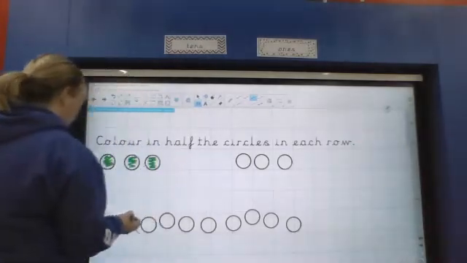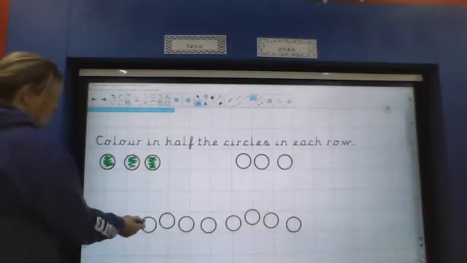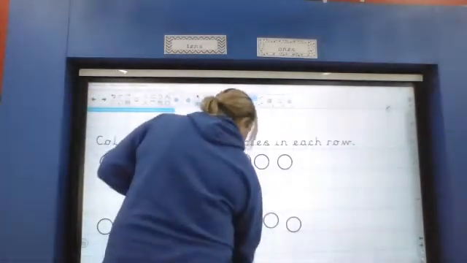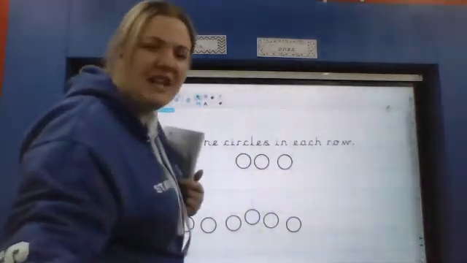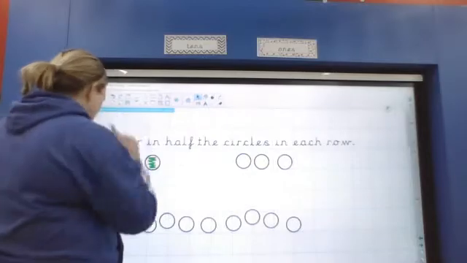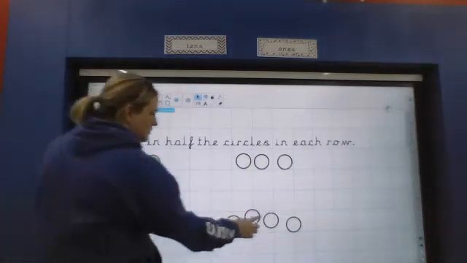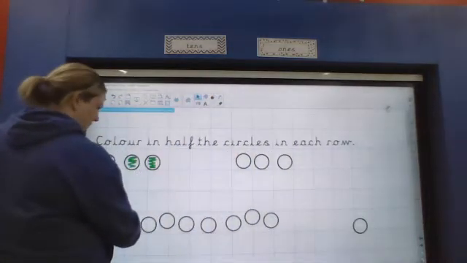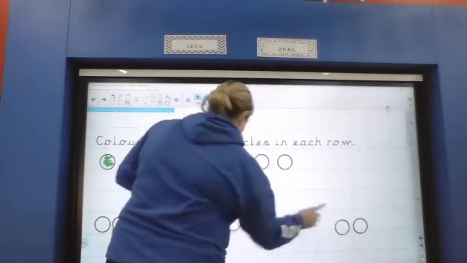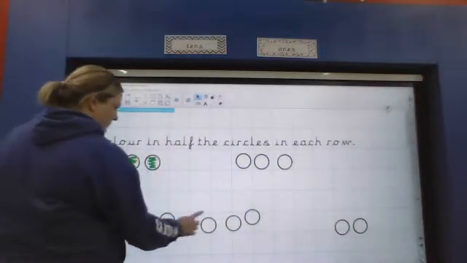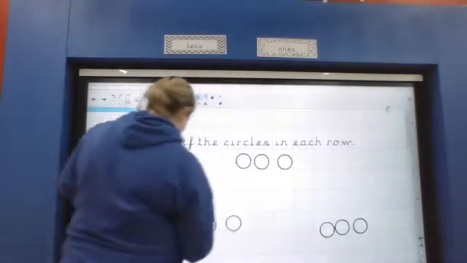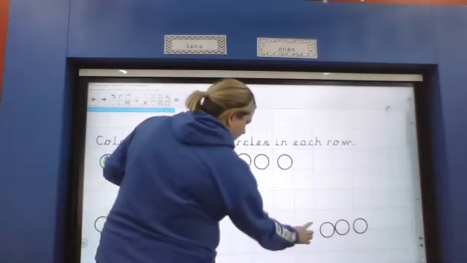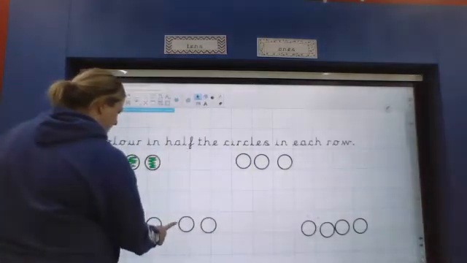Okay, let's do it again. Below we have 1, 2, 3, 4, 5, 6, 7, 8, 9, 10 circles. 10 circles, and I need to find what half of 10 is. So I'm going to put 1 here. Let's put 1 over here. 1, 2, 3, 4, 5.